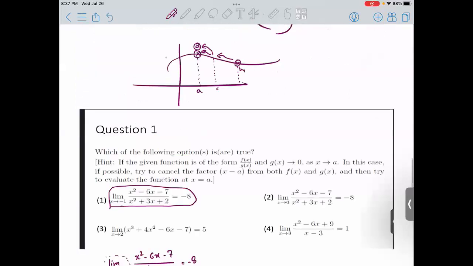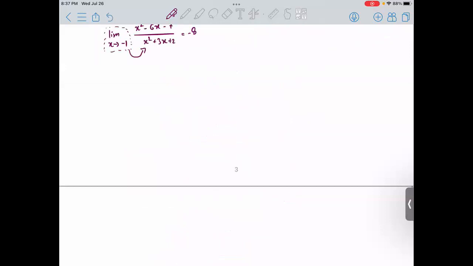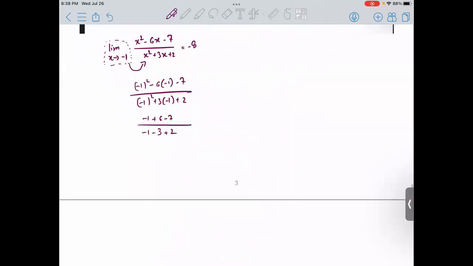What we observed from the graph is that it is the f of 0 value. So with basic intuition, we will substitute this value. (-1) square minus 6 into -1 minus 7, divided by (-1) square plus 3 into -1 plus 2. That is 1 plus 6 minus 7 by 1 minus 3 plus 2.